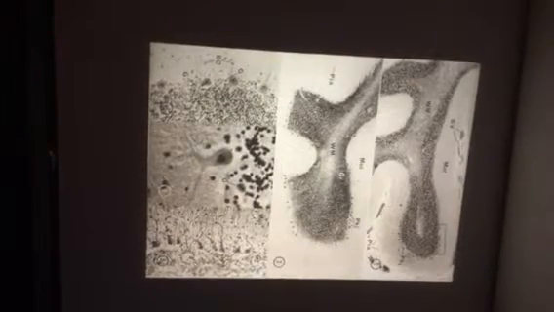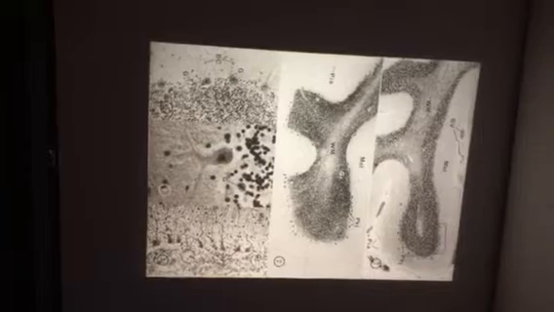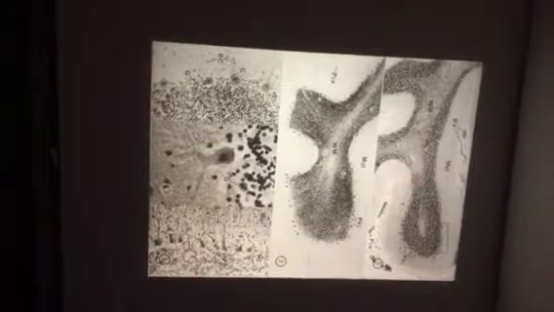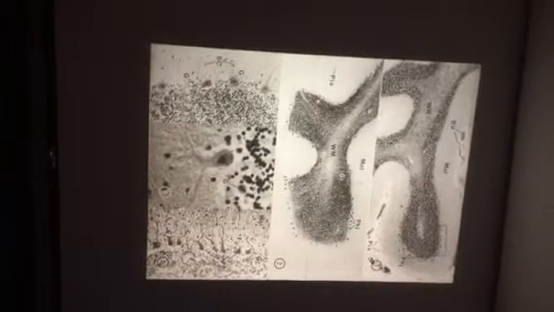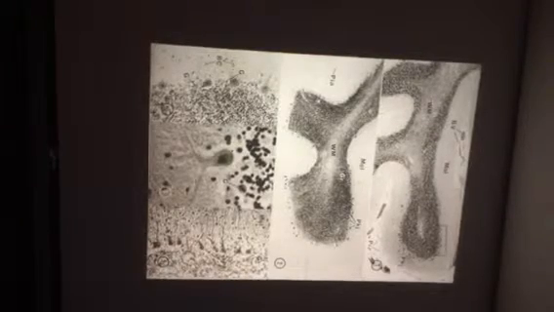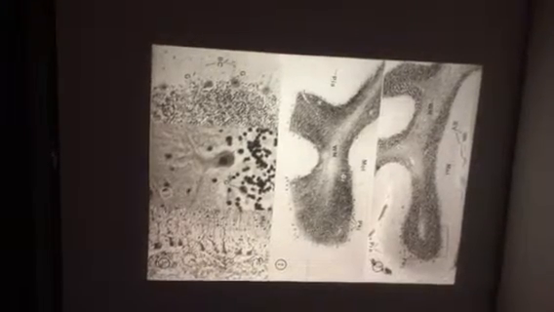Purkinje cells. And these are the same cells stained with that gold technique of Golgi. Okay, so we need to identify the organ, and then the different layers, and then we have this tissue that lines that organ, and that tissue is the pia mater.